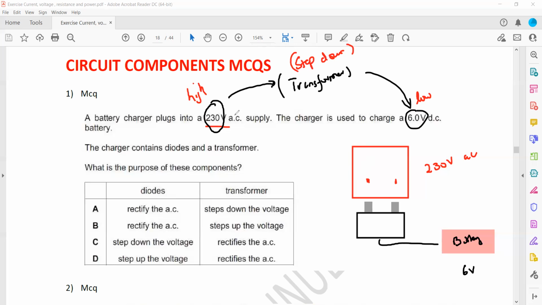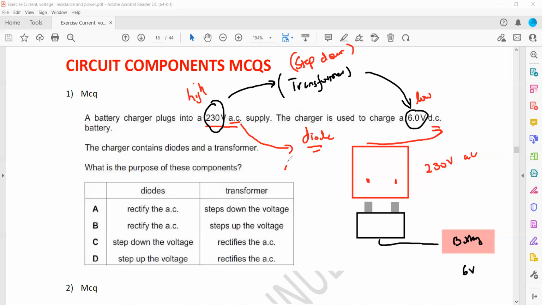Then we want to convert AC, the alternating current, to DC. Whenever we want to convert AC to DC, the component we use is a diode. A diode is a component which allows the current to move only in one way, converting AC to DC. Why is a diode used?